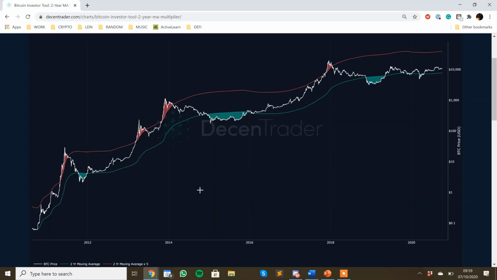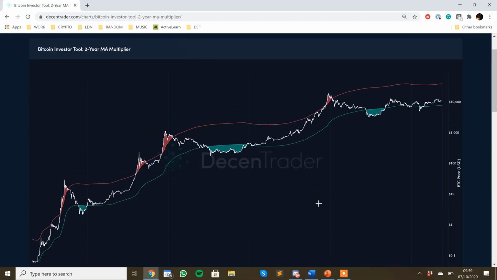Yeah, and the beauty of this valuation model is that we're able to highlight those periods where the market is overexcited, when price breaches the times 5 multiple line, the red line, and we're also able to highlight periods where the market is overly bearish, overly cautious. And that's when price dips back down below the 2-year moving average line you can see here.